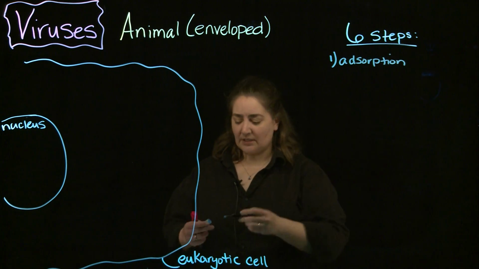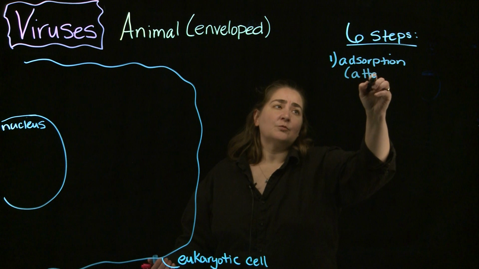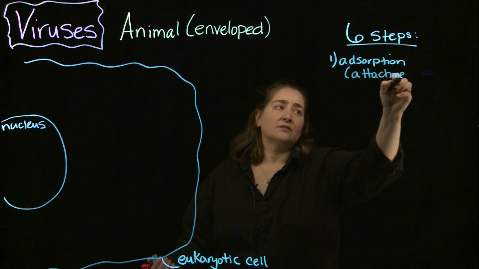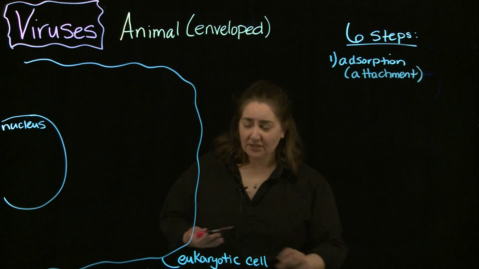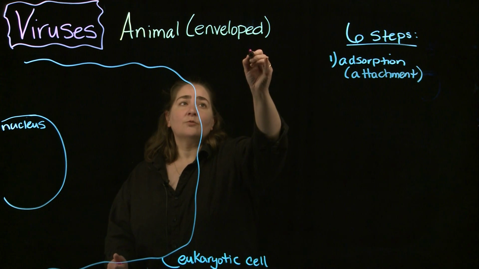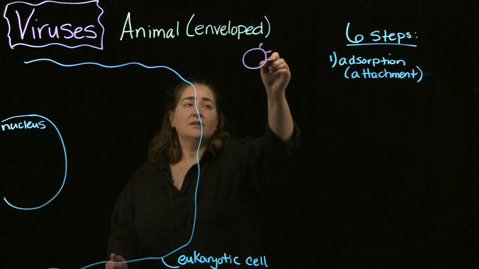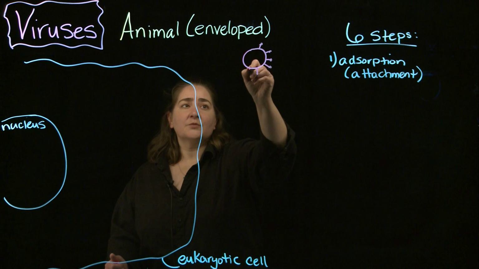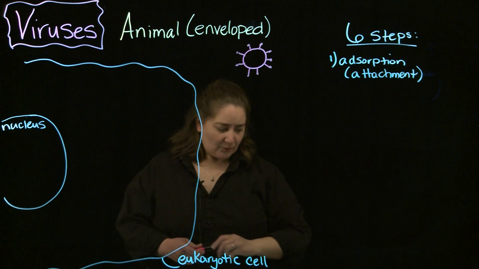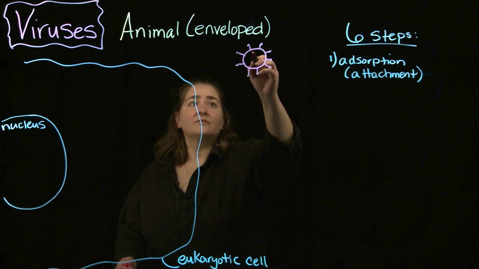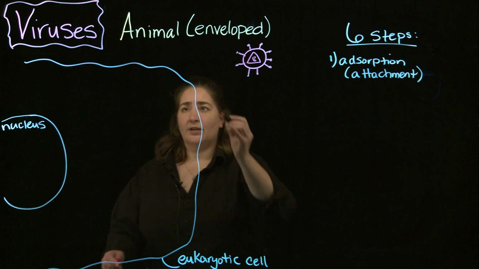The first one is going to be absorption, or I'm fine if you want to call it attachment. I think your book uses absorption. But essentially what's going to happen, we're going to have our virus here, and I'm going to make this an envelope virus. We're going to have spikes on the outside of it. We're going to have a capsid, and we're going to have DNA. All right.